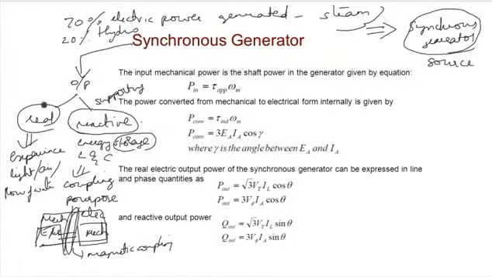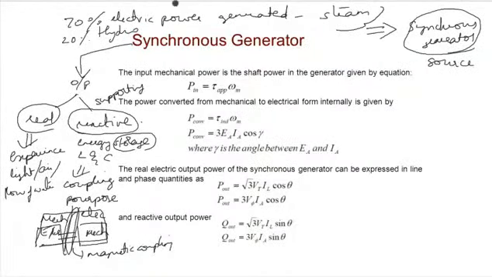The purpose of real power is the exact output. The necessity that we need is solved by real power. But these two are interdependent, right?